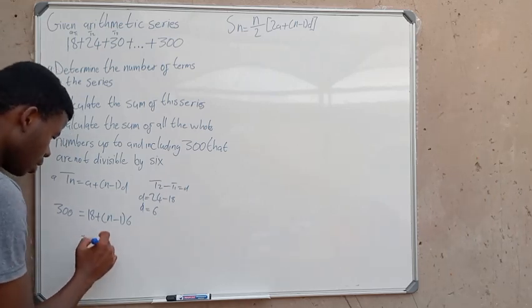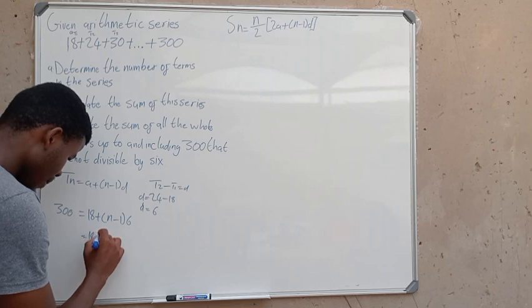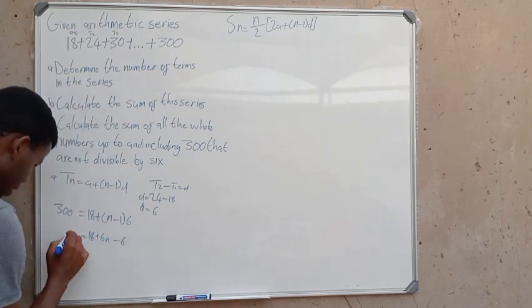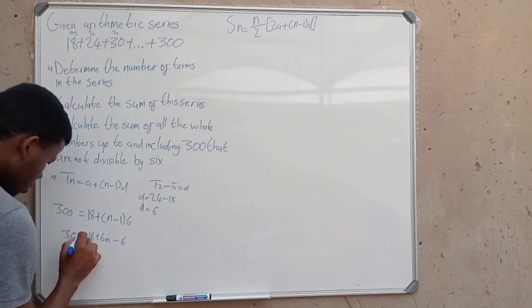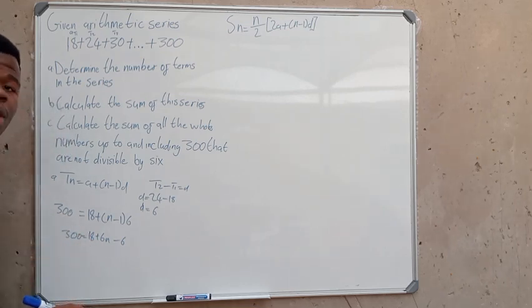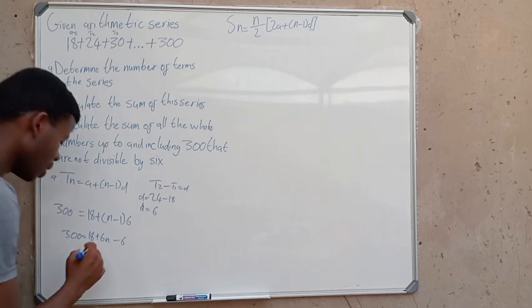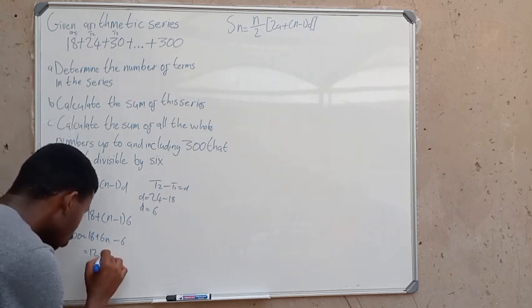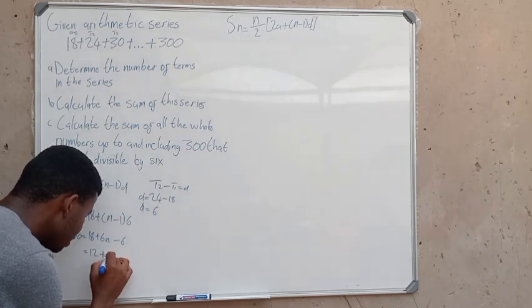18 plus 6n minus 6 is equal to 300. So now we have to make n the subject of the formula. 18 minus 6 is going to give us 12 plus 6n.